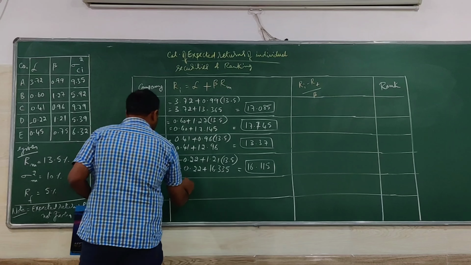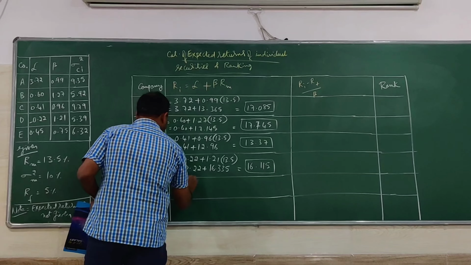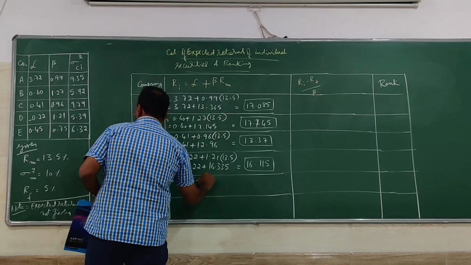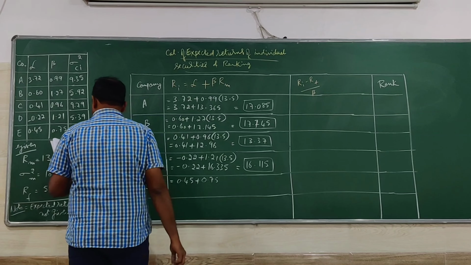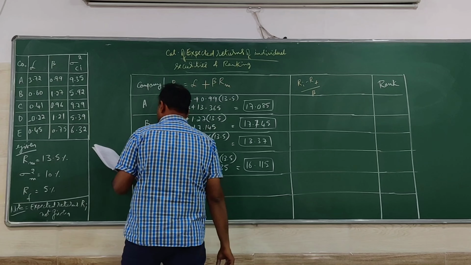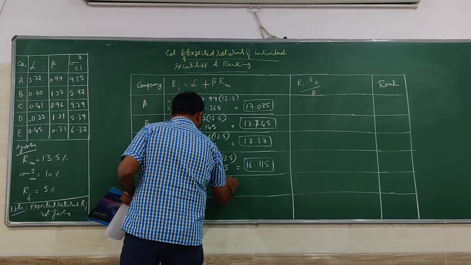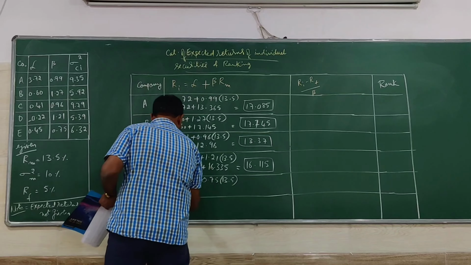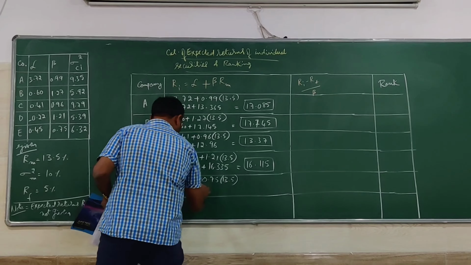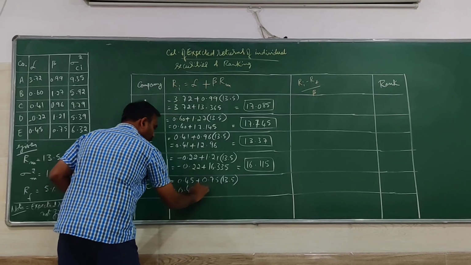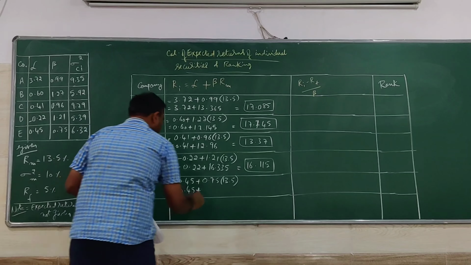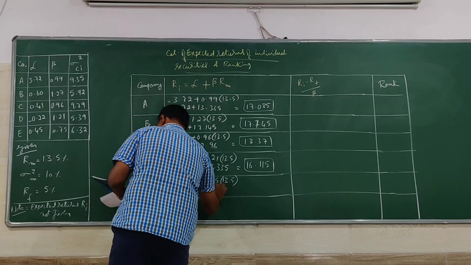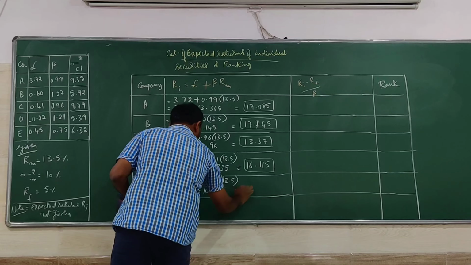Next one is E. Alpha for E is 0.45, beta is 0.75 into 13.5. 0.75 into 13.5 is 10.125.